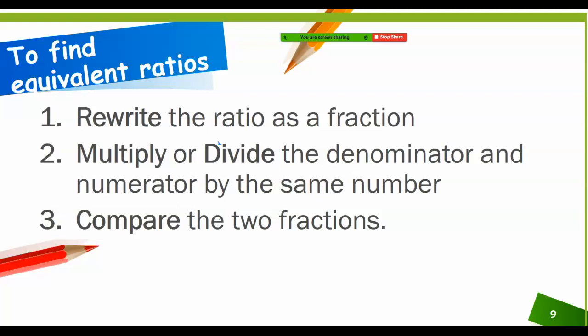Sierra, what's step 2? Perfect. We're going to multiply or divide the denominator and numerator by the same number. Okay, and Nick, what's step 3? We're going to compare them.